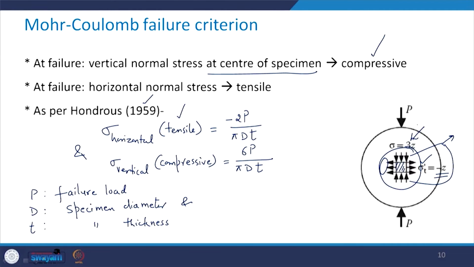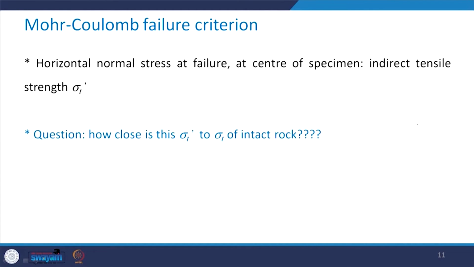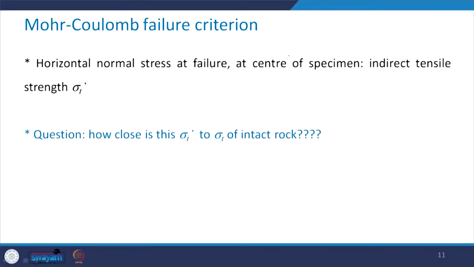So taking a clue from here, we need to see how we can modify the Mohr-Coulomb failure criterion in case of the rocks, because in case of the soils tensile strength did not make any sense, but in case of the rocks one can rely on some tensile strength of the rock. So the horizontal normal stress at failure at the center of the specimen is going to give me the indirect tensile strength, and say I am representing it by sigma t prime.